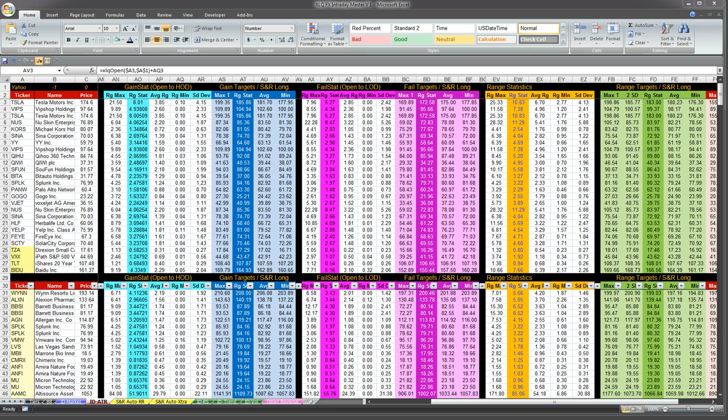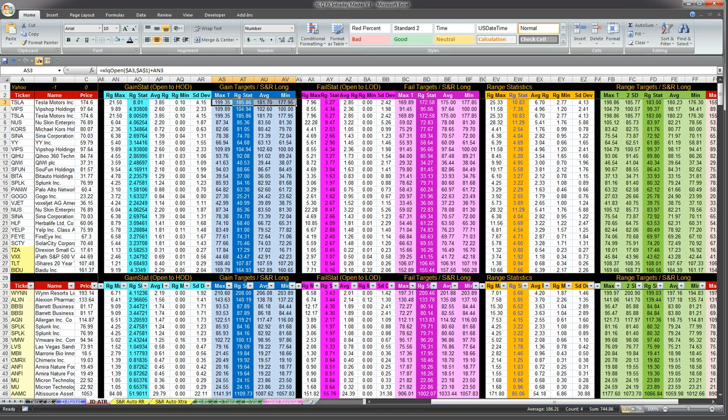So at the open, I watch the stock take off, and if it goes up and I want to get in, the first thing I'm going to do is look at these statistics right here. So for example, if Tesla was say up 184, I know from this information that that's a very high move and it might be running out. So I would consider it probably extended and not get in.